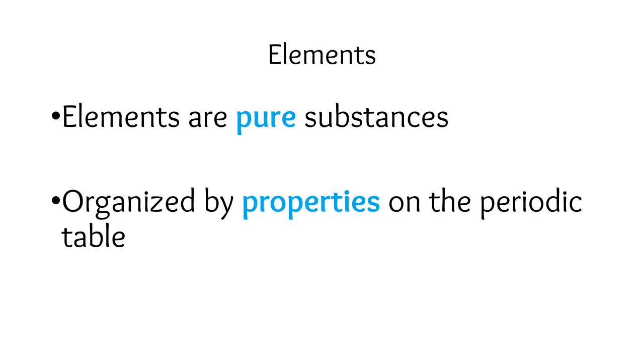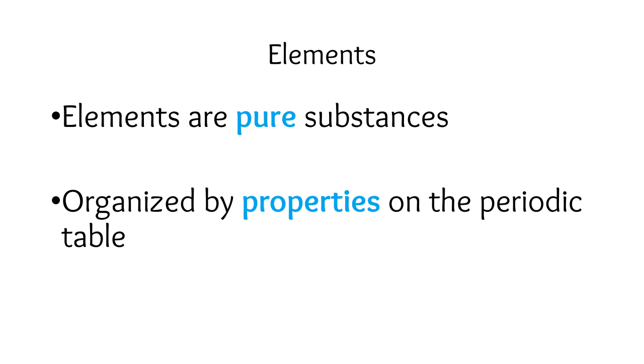So remember, guys, the most important thing that we need to know is that elements are pure substances. They're the simplest form of a pure substance, and they're made up of atoms. And remember, atoms are the smallest part of an element that can keep its properties.